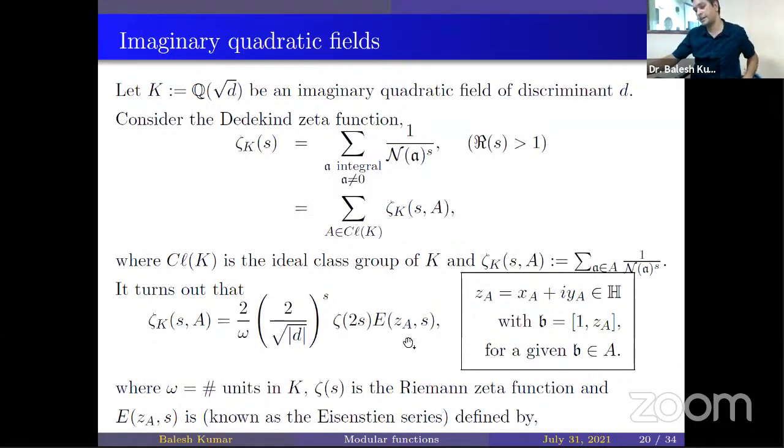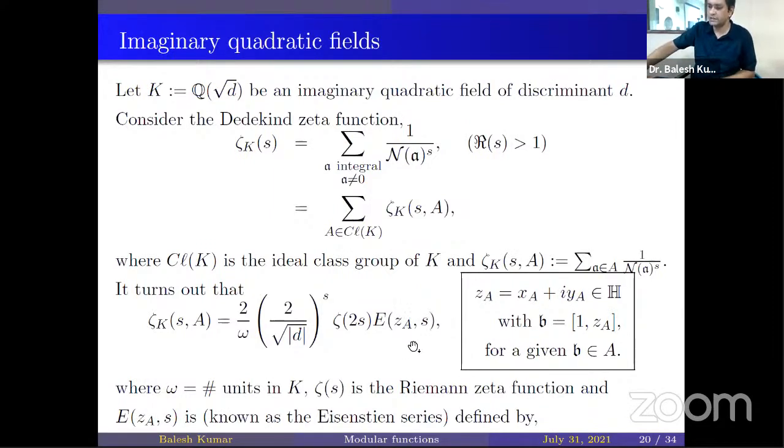And here E(z_A, s): if you give me an ideal class A, one can associate a point in the complex upper half plane. That point is denoted z_A, and this z_A is associated to the ideal class A. This is usually known as a CM point.